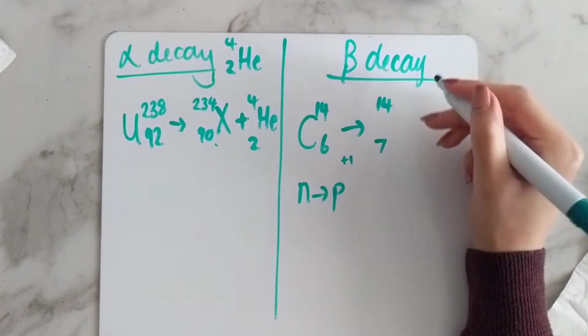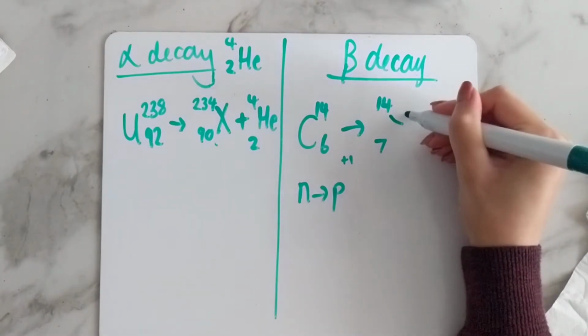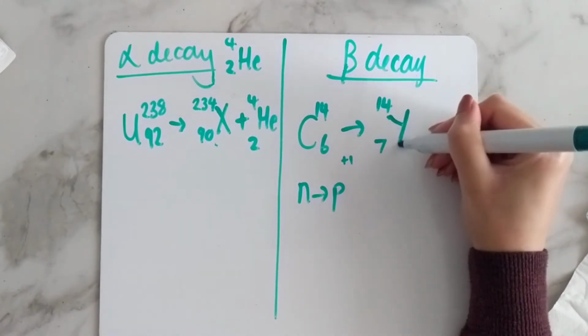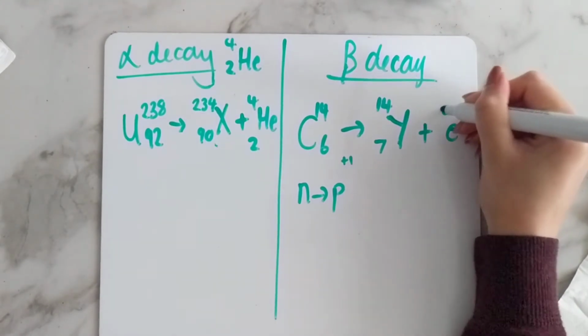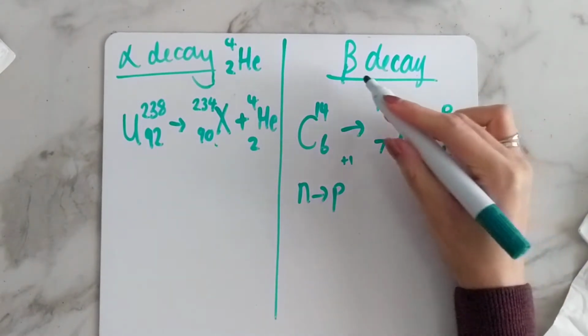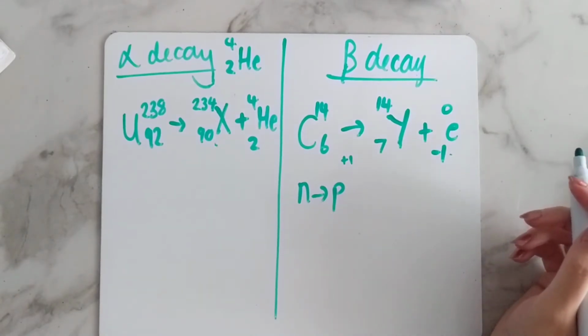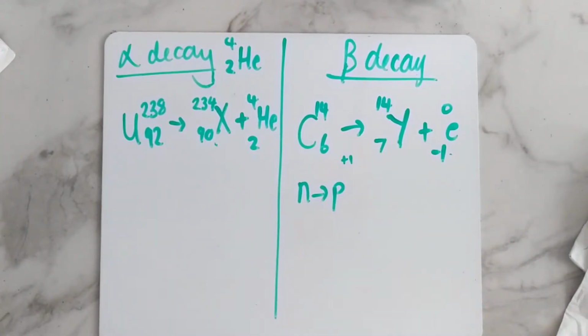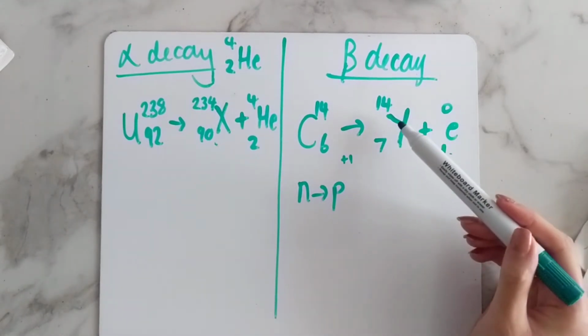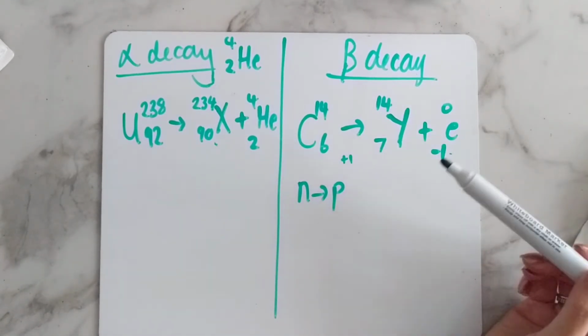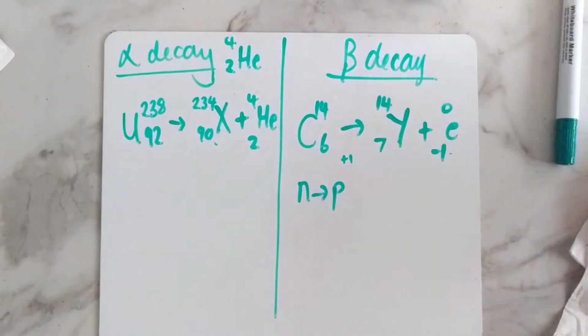And again, this turns into a new element, and let's call it Y. So 14 and 7 plus that fast moving electron that was released, i.e. the beta particle. Okay, so that's just 2 rules. Really, really simple. Doesn't matter what numbers you get, as long as for alpha decay, -4 and -2. For beta decay, you just keep the top the same and plus 1 at the bottom.